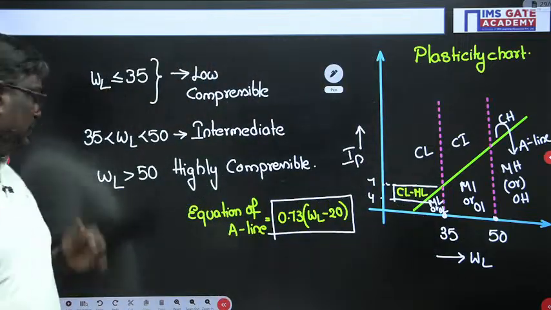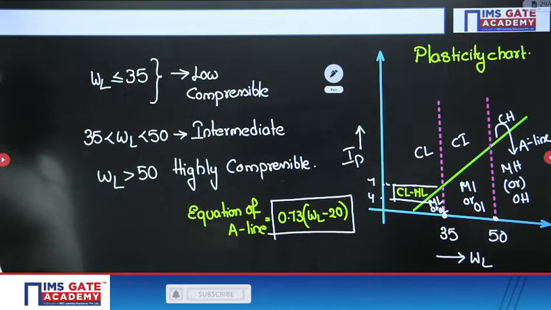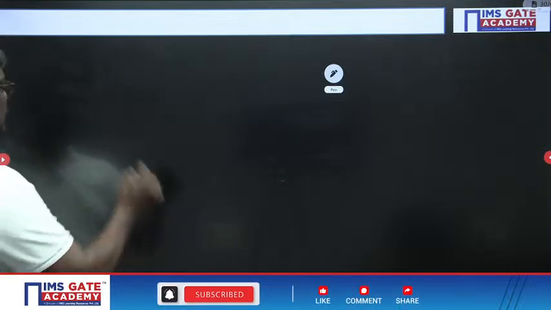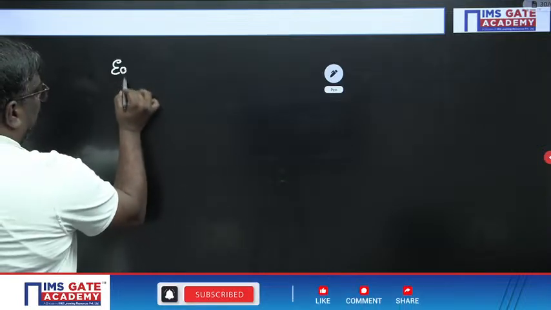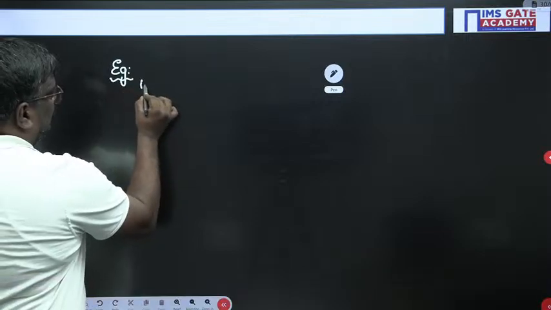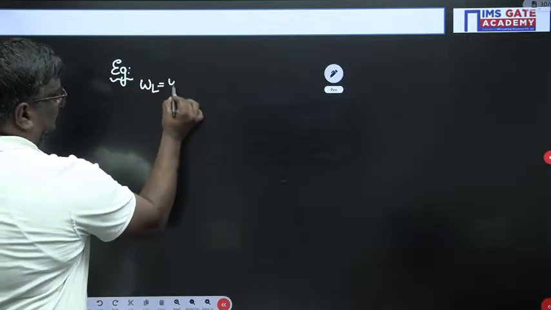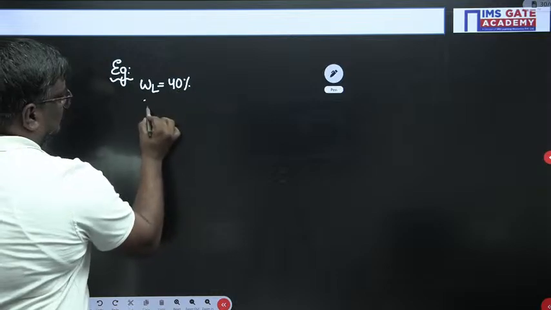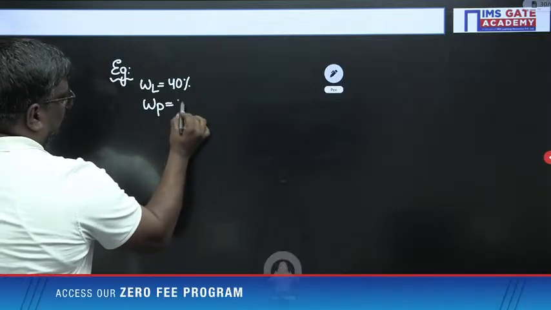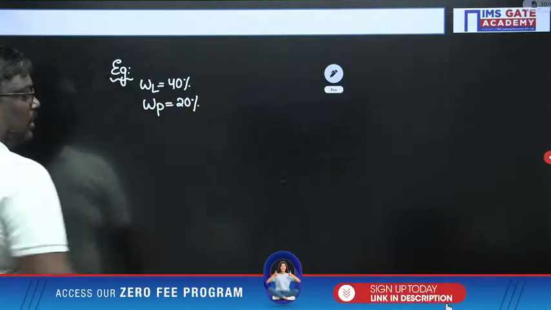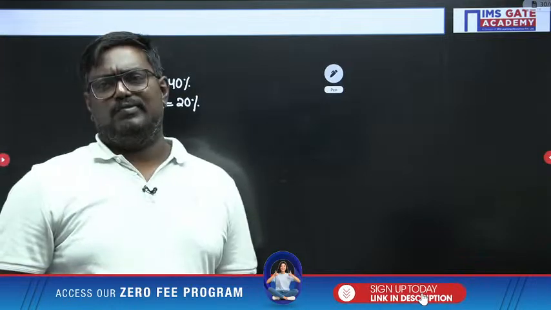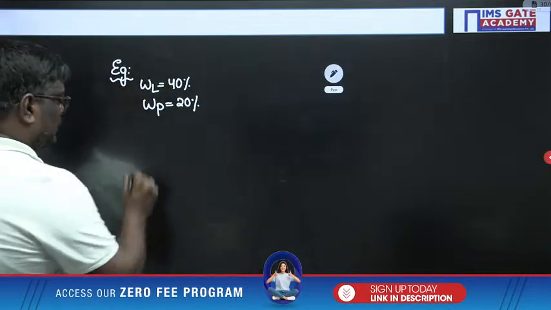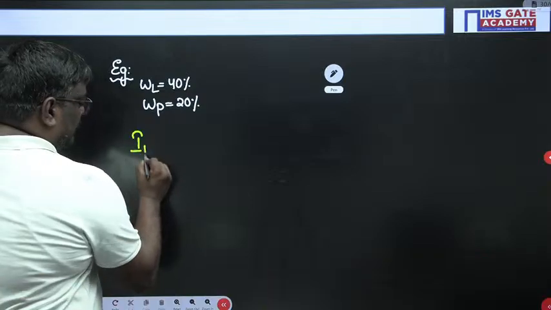Now see students, let me explain with an example. Suppose they have given you liquid limit as 40% and plastic limit as 20%. They can ask you to classify the soil. In this case, first of all, find out the equation of A line.